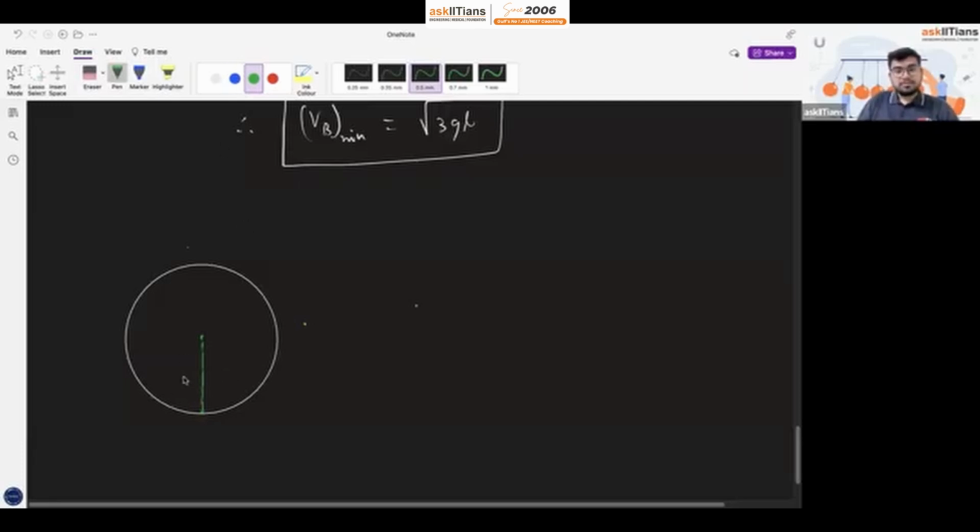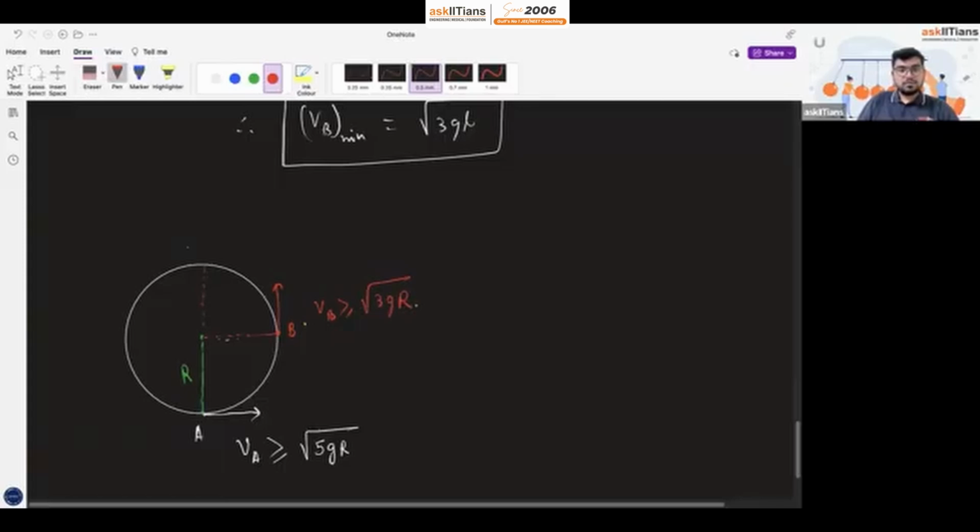But for now, to make it generalized, let's say the radius is r, and at this point A, for this to complete a circle, VA has to be greater than or equal to under root 5gR. Similarly, for point B, it would be directed here, and VB has to be at least under root 3gR.